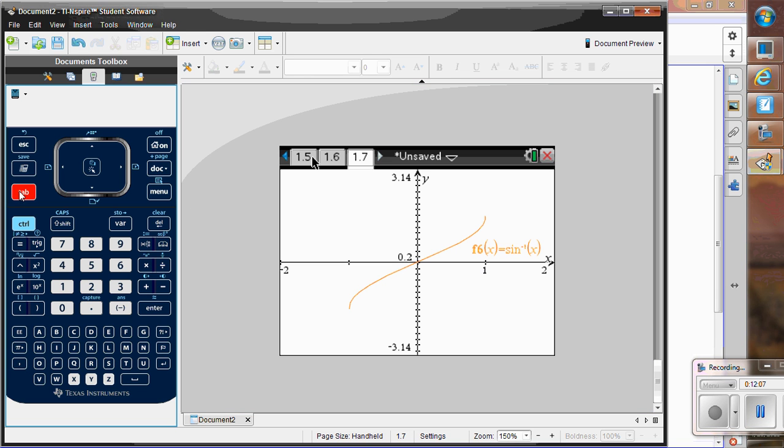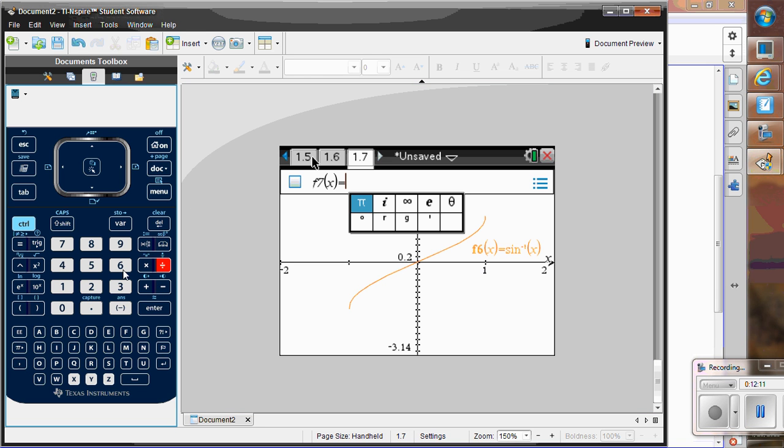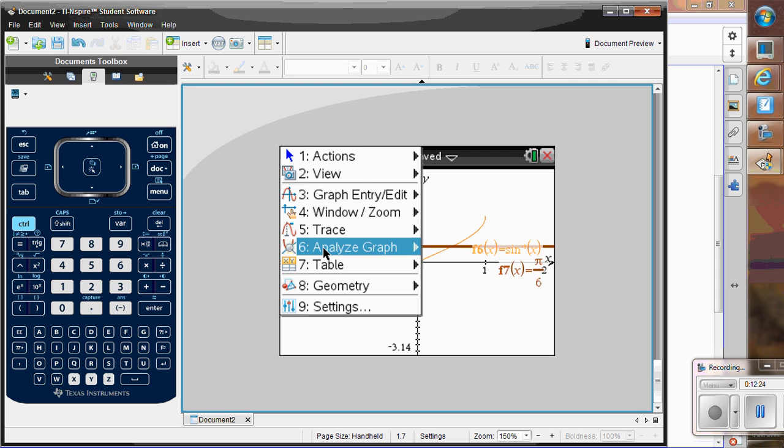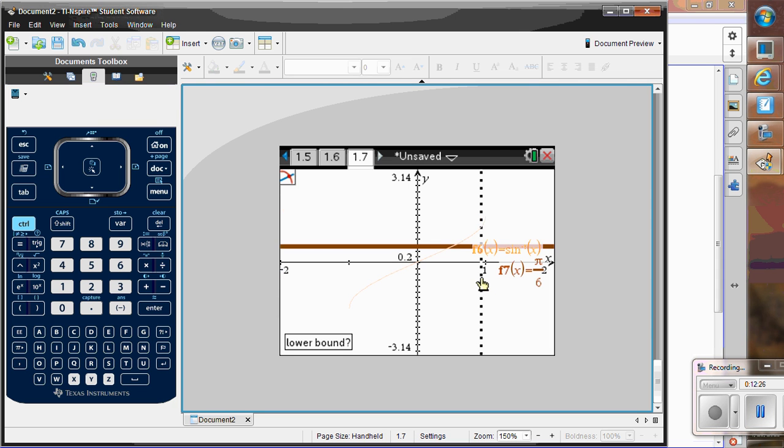So if I put up another line and type in pi over 6, and look at the graph, you might be having some ideas. So let's do the intersection function. That goes to analyze the graph and find the point of intersection somewhere between here and here.